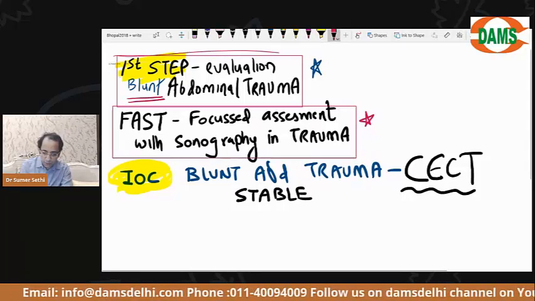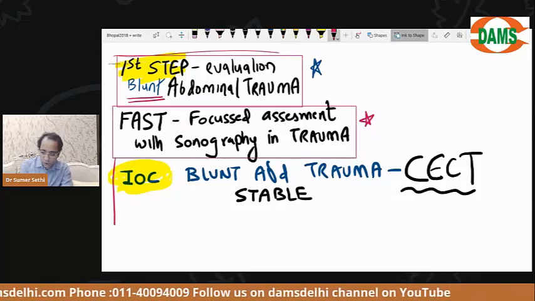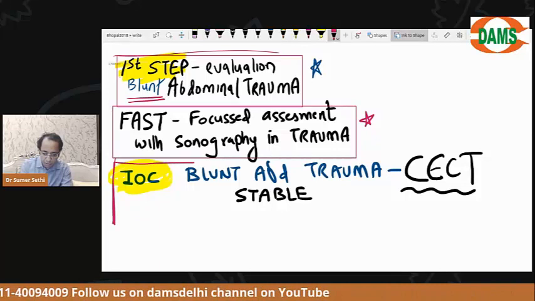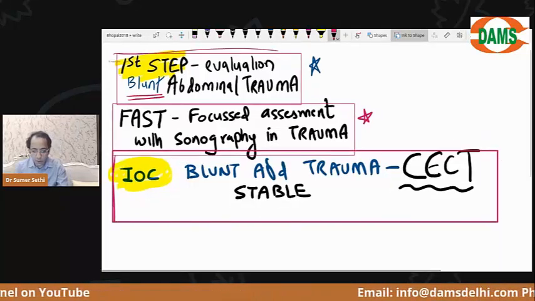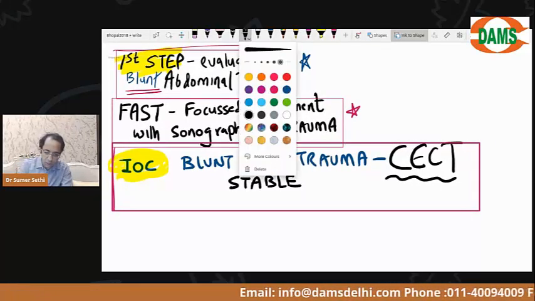That means investigation of choice for blunt abdominal trauma is CECT, but it can only be done if the patient is hemodynamically stable.